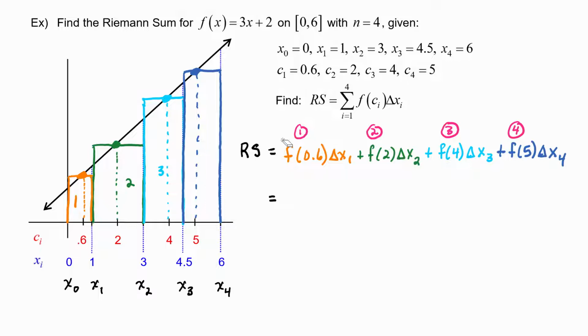We know that f of 0.6, if we plug that into this function, 3 times 0.6 would be 1.8. 1.8 plus 2 is 3.8.